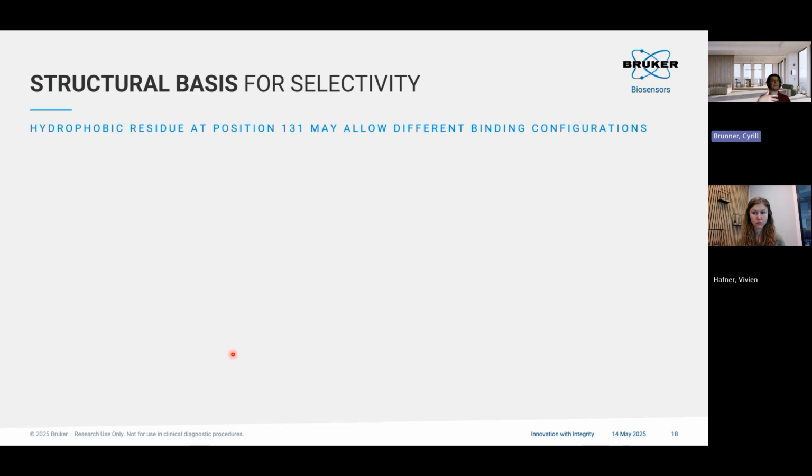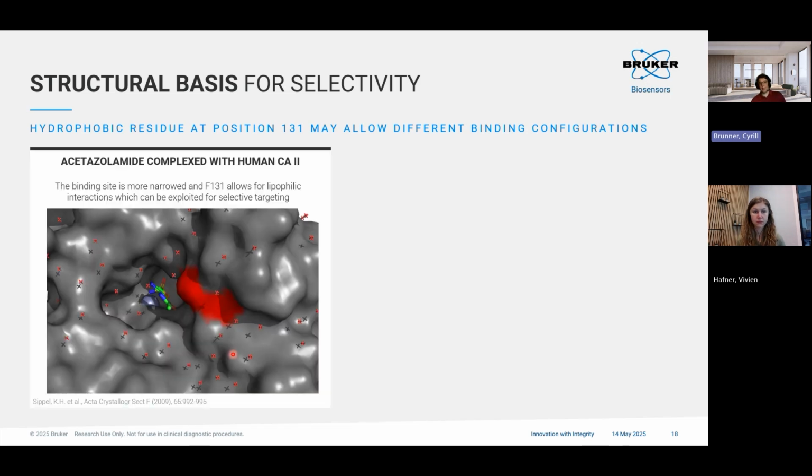And actually such a finding could point towards the direction of making a structural analysis. In case of the carbonic anhydrases, if you look at the crystal structures available, and I picked here acetazolamide because there's the highest abundance of data for that compound, and you look now at carbonic anhydrase 2 specifically, you have this picture of the binding site.